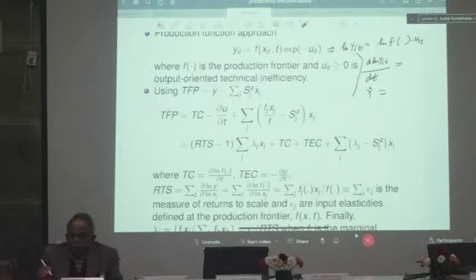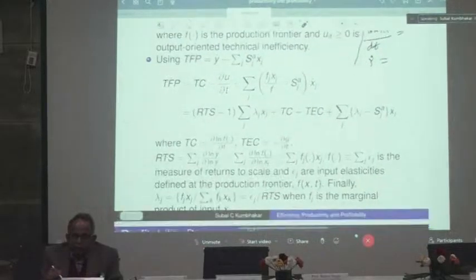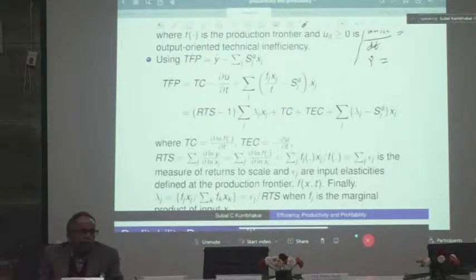And then again, I define lambda j somewhere in here. It's input elasticity divided by returns to scale. What is TEC? It's technical change. It's the shift. And what is TEC? That is change in efficiency. So what is the definition of TEC?